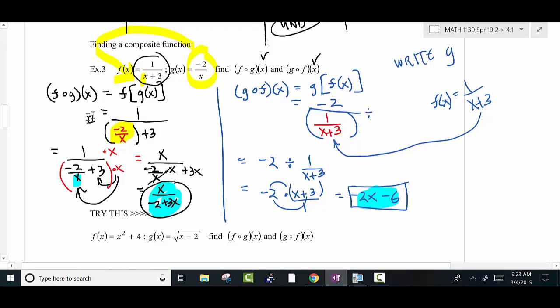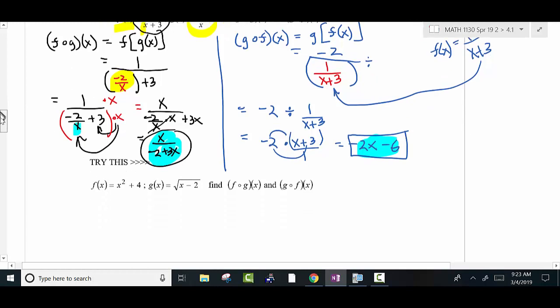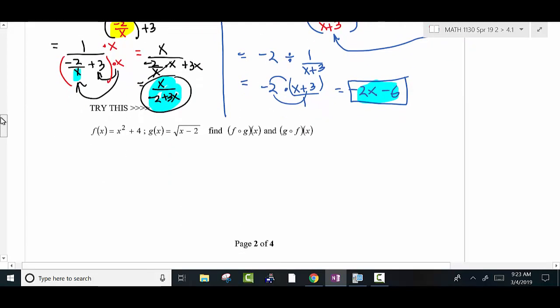So I'll let you do one of these. Let's just do the one on the bottom both ways. You want to do f composed of g of x first, and then you want to do it backwards, g composed of f of x, like that. I think you'll probably get a different answer on these too.